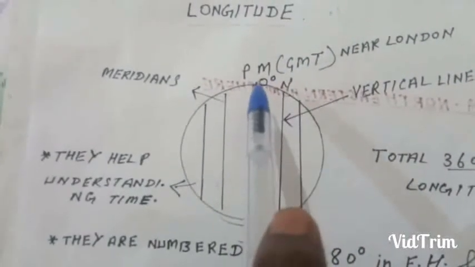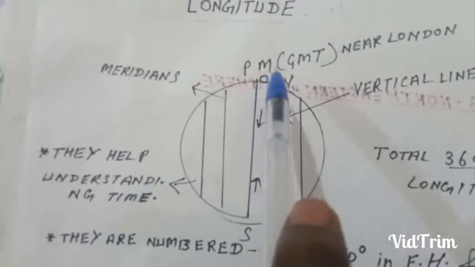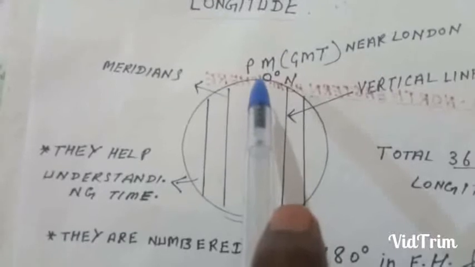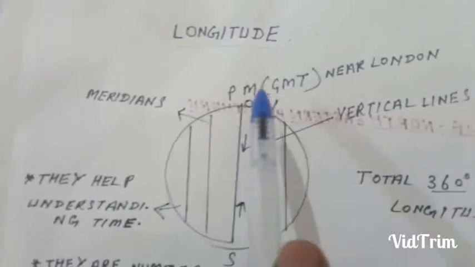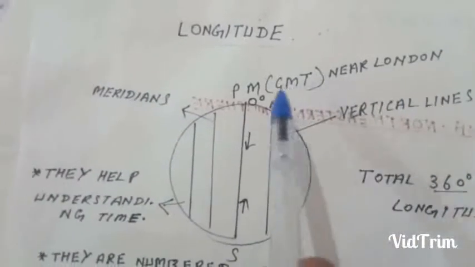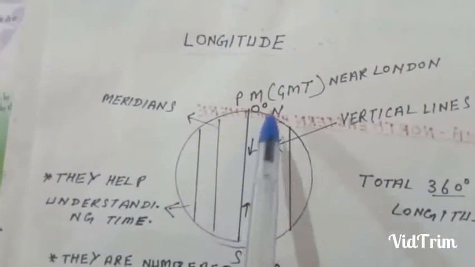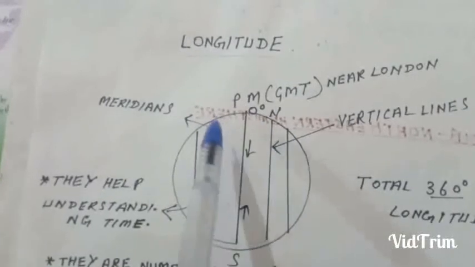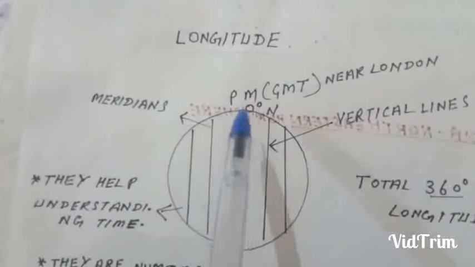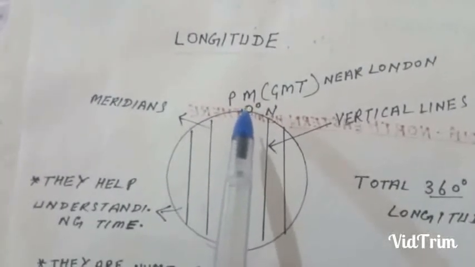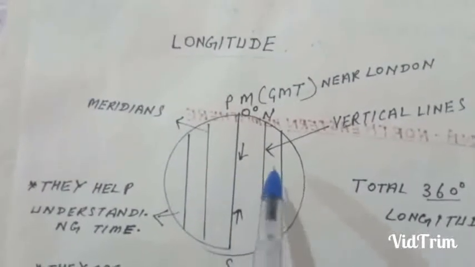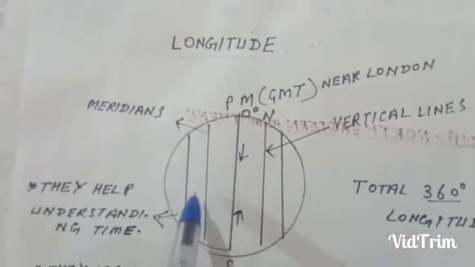Greenwich is the place from where we count the timing, and it is near London. This type of vertical line is known as longitude. So this prime meridian at 0° divides our earth into two hemispheres, that is the eastern hemisphere and the western hemisphere.